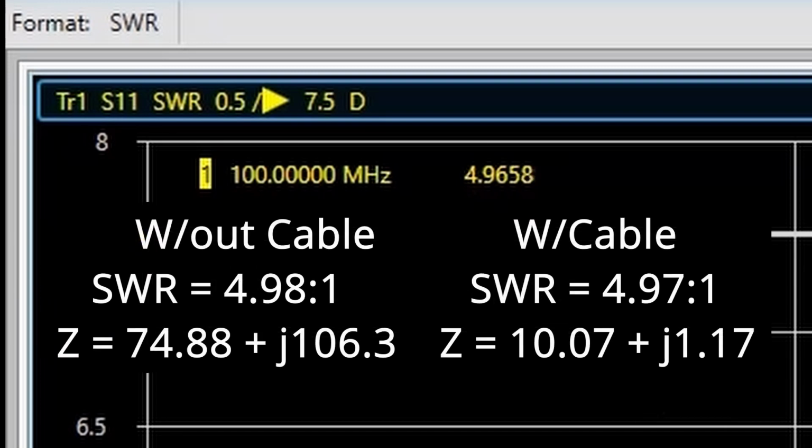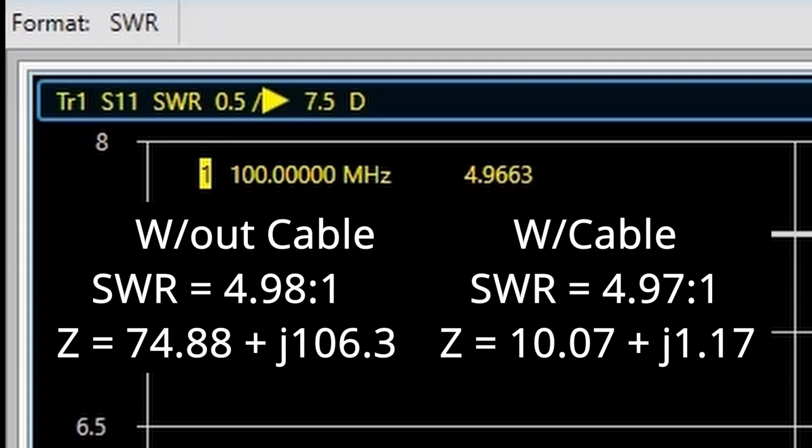So even with the addition of the piece of coax, the SWR clearly did not change, but yet the impedance very clearly and very dramatically changed with the addition of the coax. If I had used a longer or a shorter piece of coax, the change in impedance would have been different, but the SWR would have remained the same nonetheless.